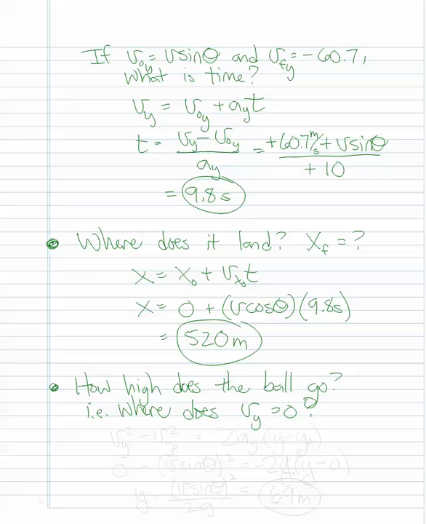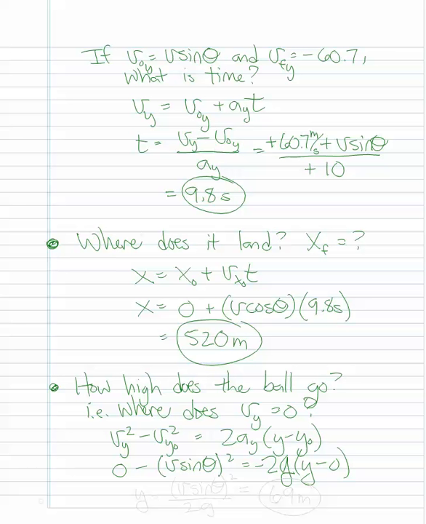So let's see, I need a kinematic equation that doesn't have time in it. So I'll try this one: v_y squared minus v_y naught squared equals 2 a_y times y minus y naught. So I have 0 minus v sine theta squared is equal to 2 and a minus g, which is going to be 10, times y, and the y naught is 0.